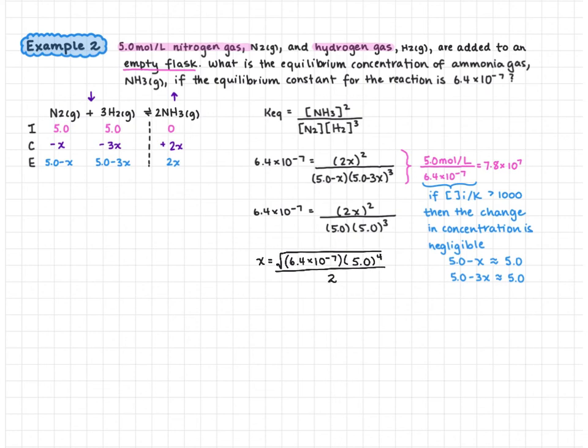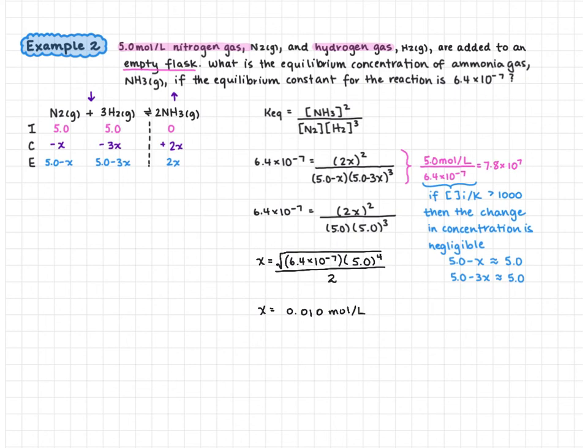So if you're not sure how I got to that rearrangement, take a few minutes and make sure that you're able to do that algebra, because it will be very important to be able to do math like that going forward. And we get x is equal to 0.010 moles per liter.